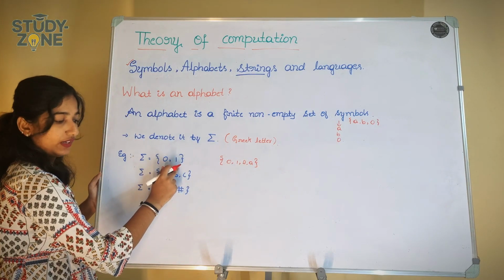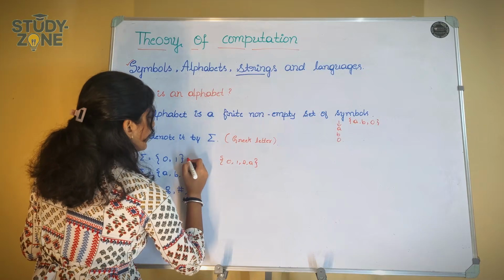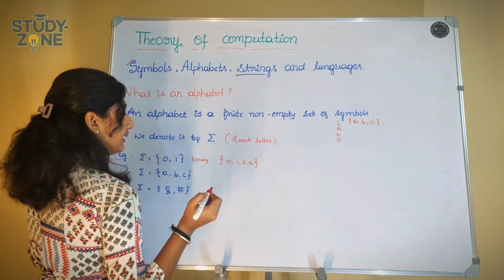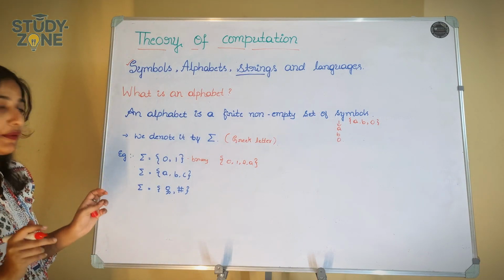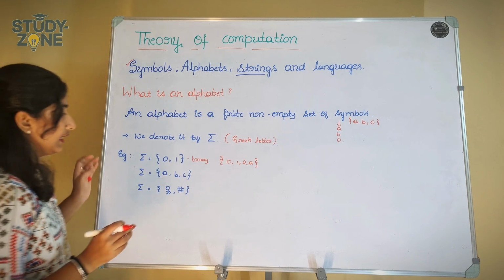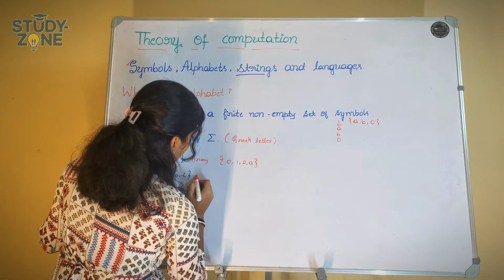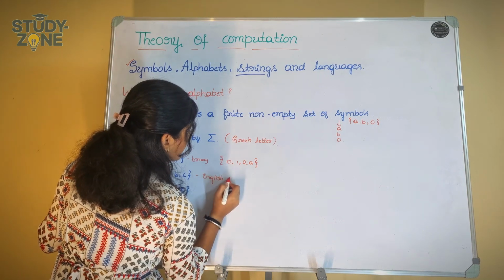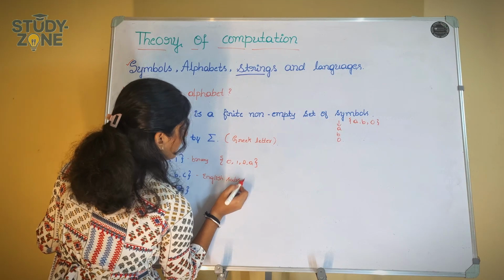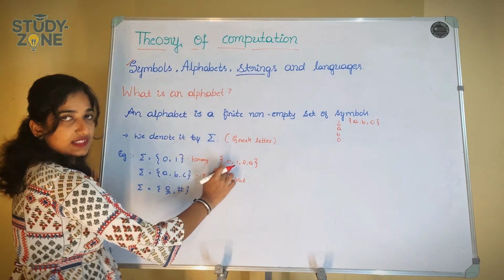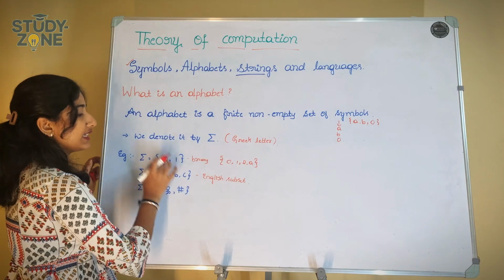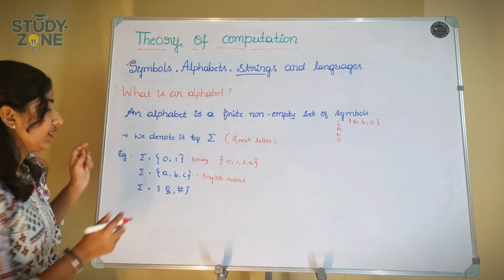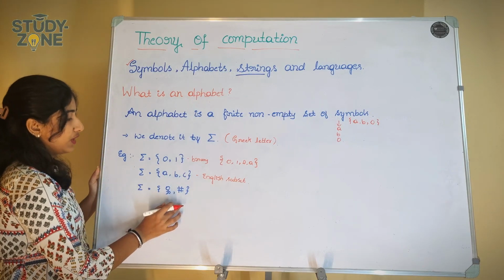0, 1 we represent as a binary symbol set, and A, B, C is an English subset. We can have a combination of these symbols, numbers and letters also.